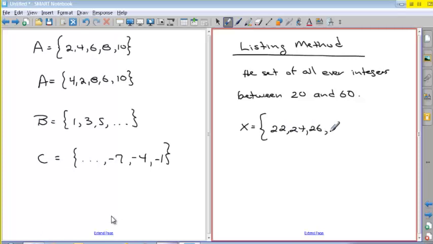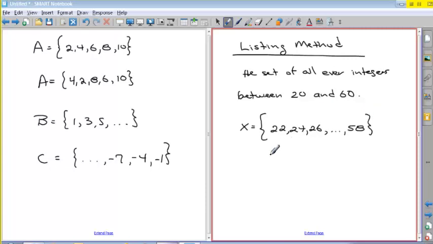And once we have established a pattern, then we would go dot, dot, dot to show the pattern repeats itself. And then we could either do 54, 56, 58, but since we've already established the pattern, really all we have to do is put 58 in there. We don't need to show the pattern on the other side if we don't want to.